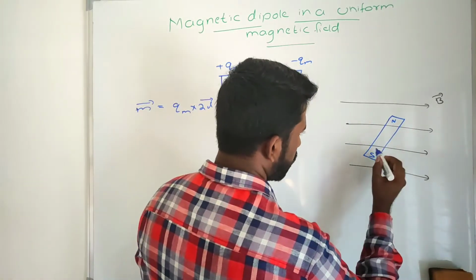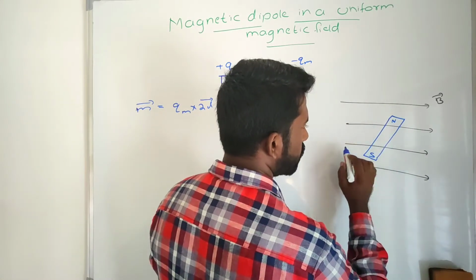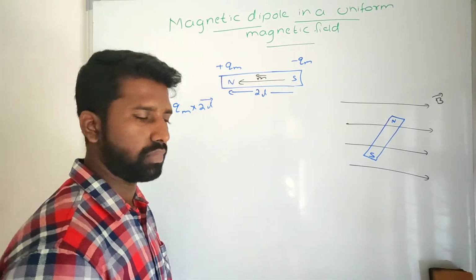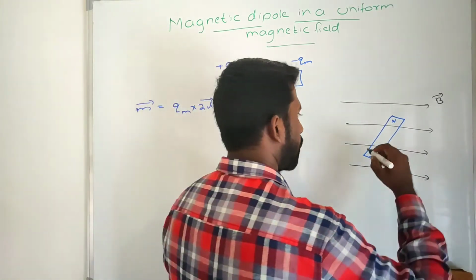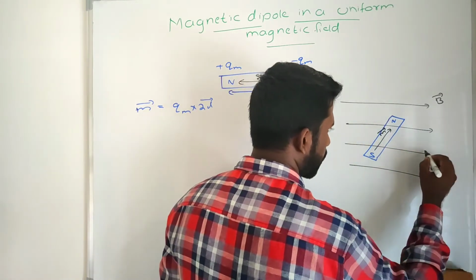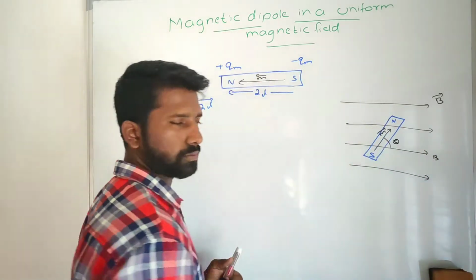Here you see the magnet and the magnetic field are making an angle theta. That means the magnetic dipole moment m and B make an angle theta.